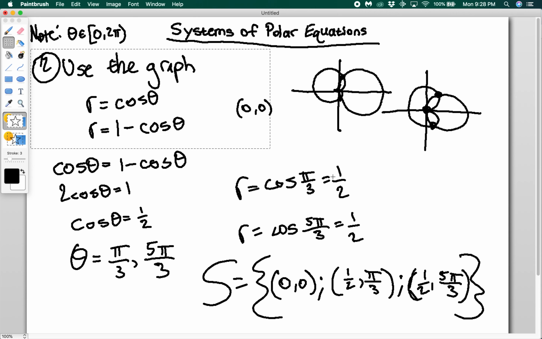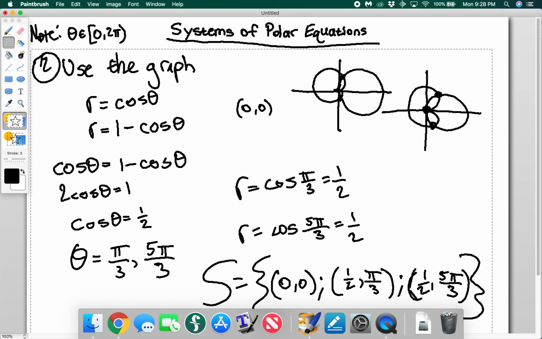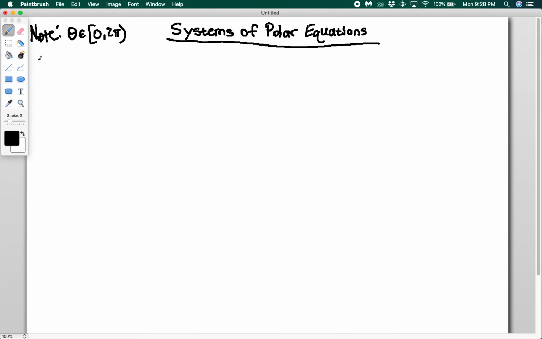Okay? So let's look at method 3. Method 3, and you can do this method no matter what. You won't always want to because it can be kind of gross, but you can always convert to rectangular or Cartesian, solve, then convert back to polar.